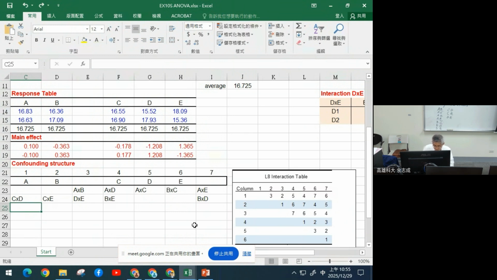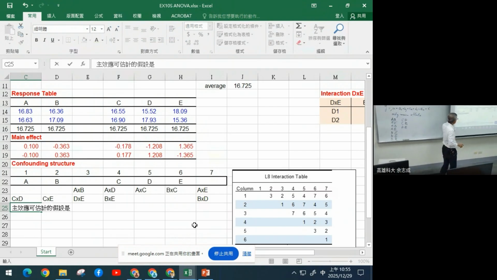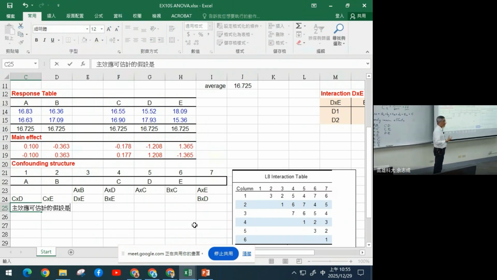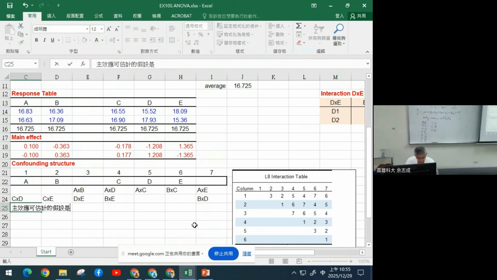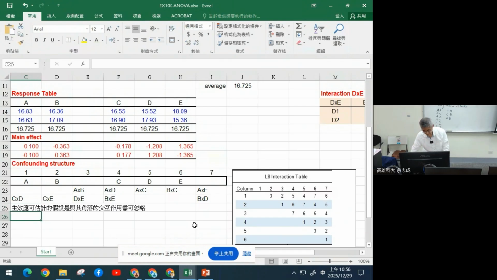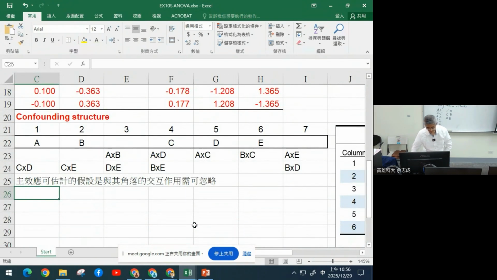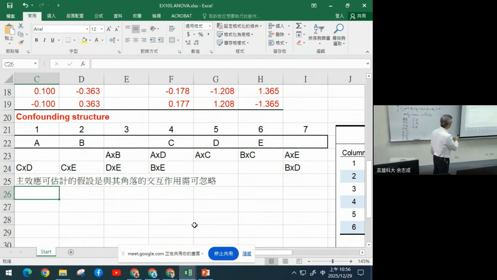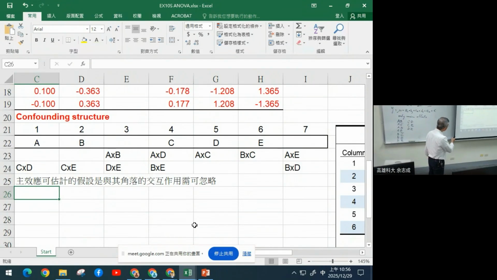If your main effects need to be estimated correctly, the assumption is that the interactions have to be negligible. Because A is confounded with CD, B confounded with CE, these interactions have to be negligible. Otherwise, your estimation of main effects will be incorrect.